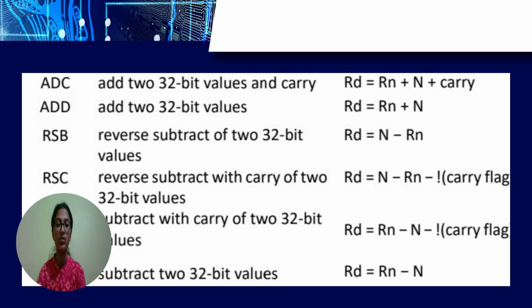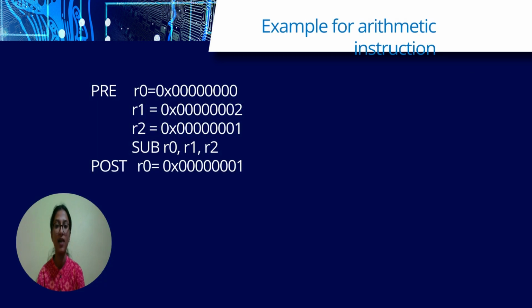SUB is used to subtract two 32-bit values, and the result is stored in the destination register Rd, where Rn and N are the source registers which carry the values. And next, a simple subtract instruction subtracts a value stored in register R2 from a value stored in register R1, and the result is stored in R0.